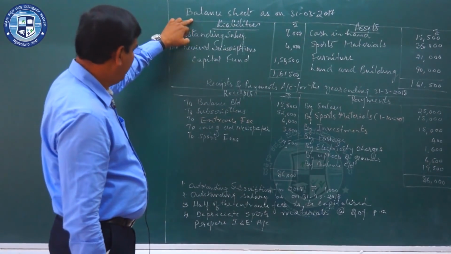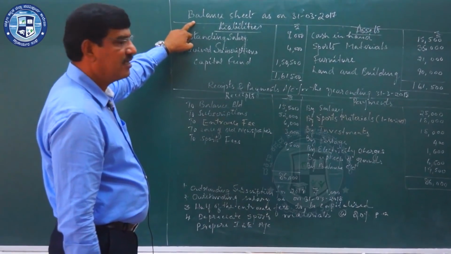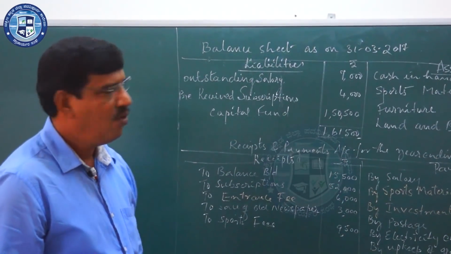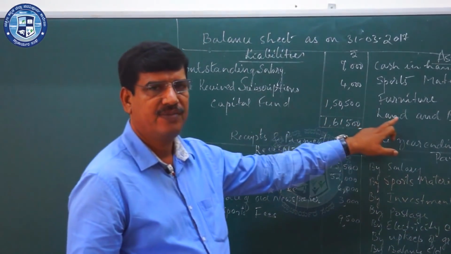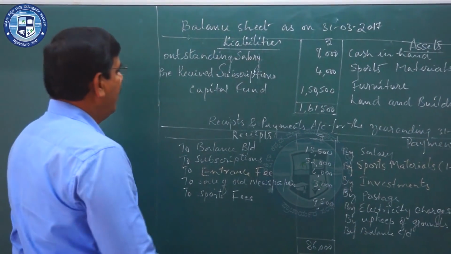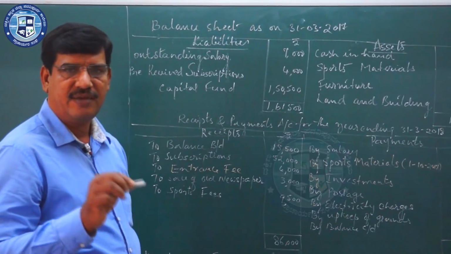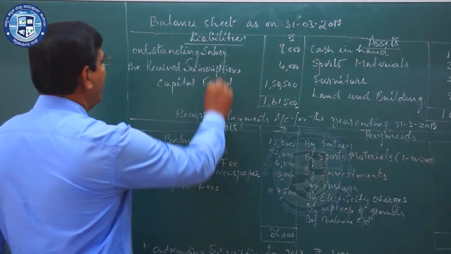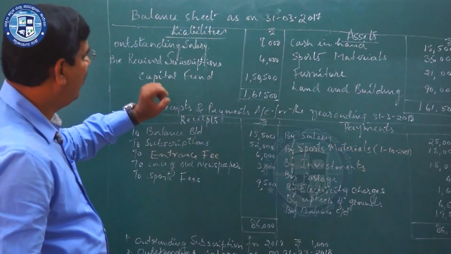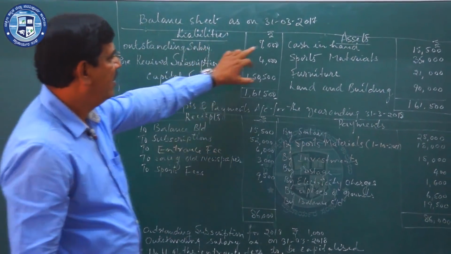Now let's see what assets and liabilities appear in the opening balance sheet. The opening balance sheet is prepared to find out the opening capital fund. For a newly started concern, there won't be an opening balance sheet. But here in this problem, we have an opening balance sheet.